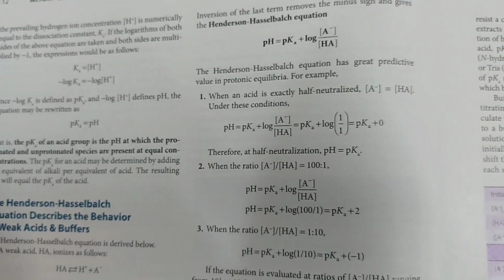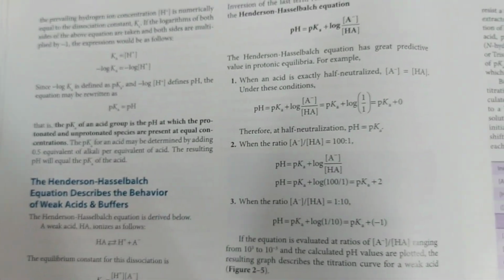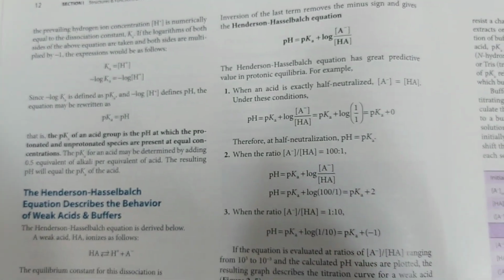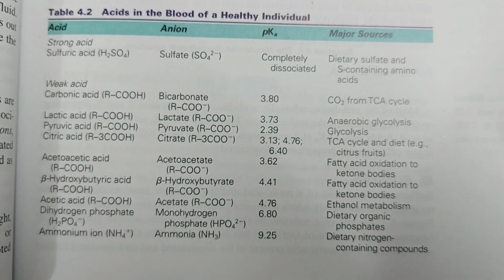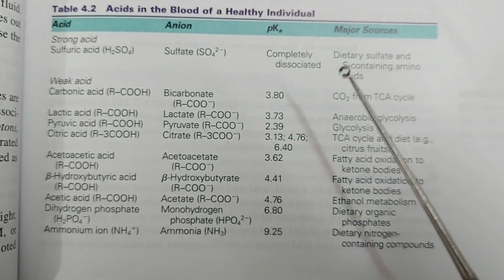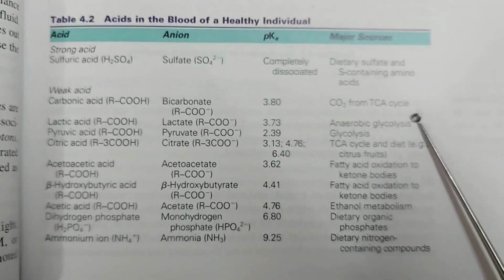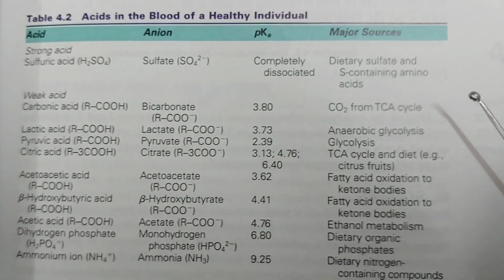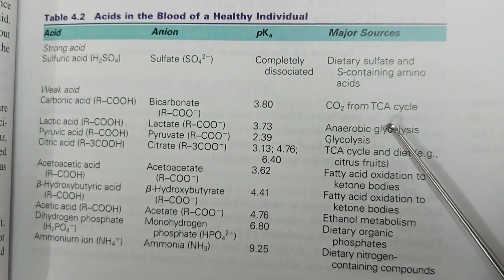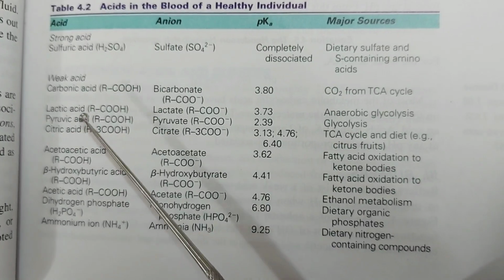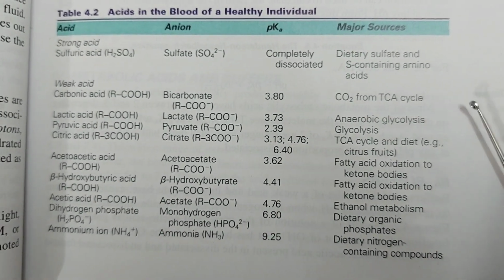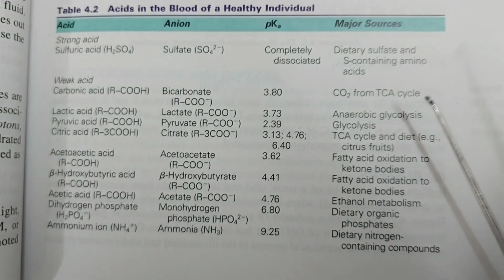So we have to measure the pKa value of different acids. Here we can see some acids that are produced during our metabolism. From carbon dioxide in the TCA cycle, the product is carbonic acid, and lactic acid is produced by anaerobic glycolysis.